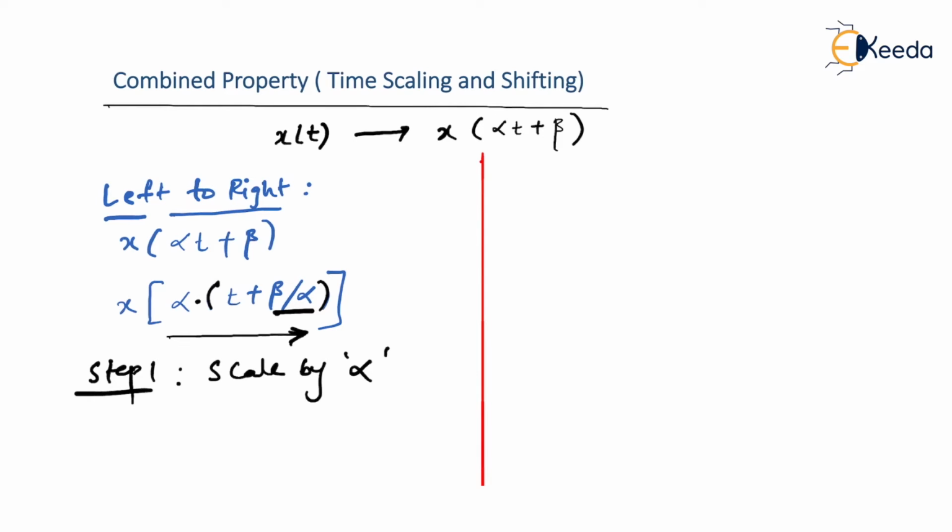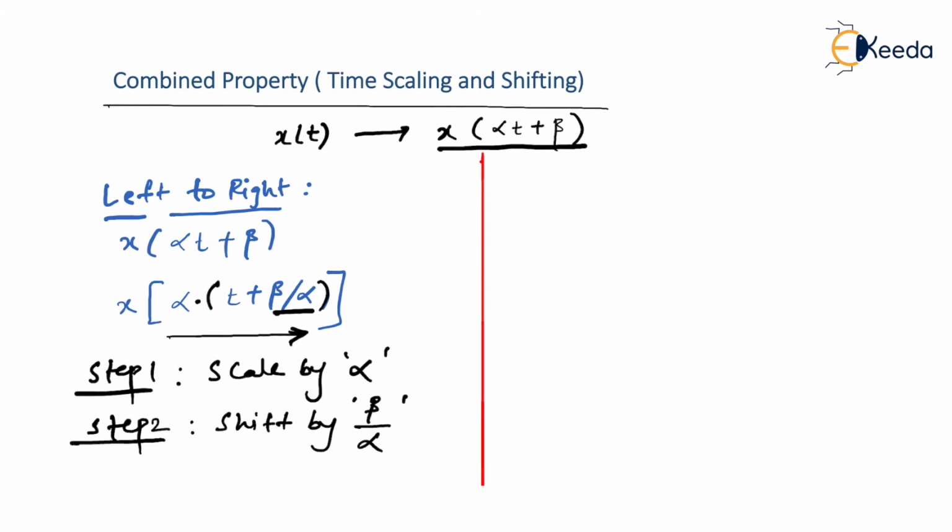That's the reason why I'm not saying advancing or delaying. Rather, I would say shift by beta by alpha. Then step two, we would say shift by beta by alpha. And if you do so, then the resulting signal is actually x of alpha t plus beta.